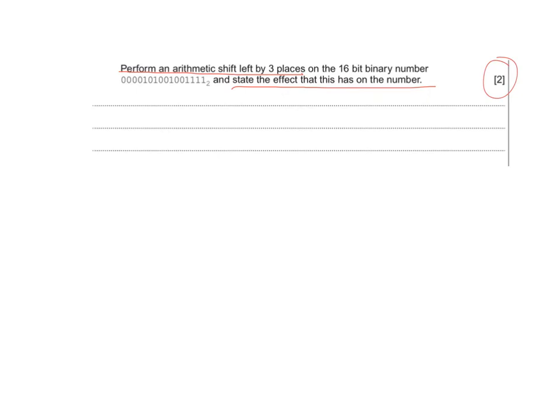So the first thing I will be doing is writing out that number, then performing the actual shift to the left by 3 places. So using our knowledge from before, I want to do a left shift this time by 3 places.